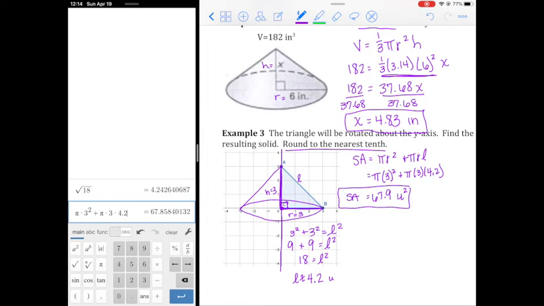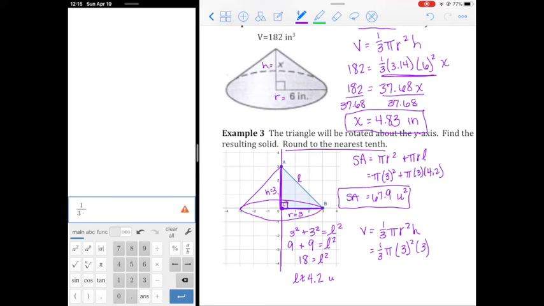And now we're ready for our volume. The volume of this is going to be 1/3 pi r squared h. I'm going to plug it in using the pi button again. So I have 1/3 times pi times 3 squared times 3.